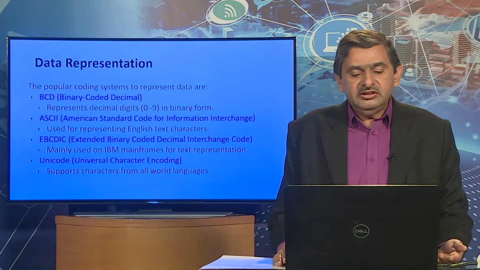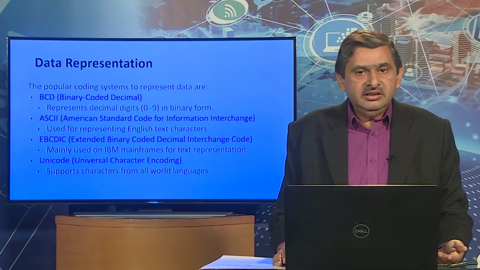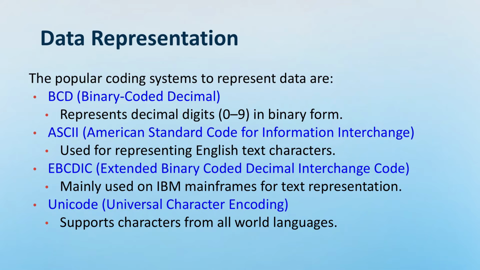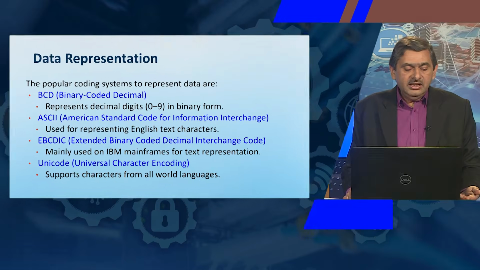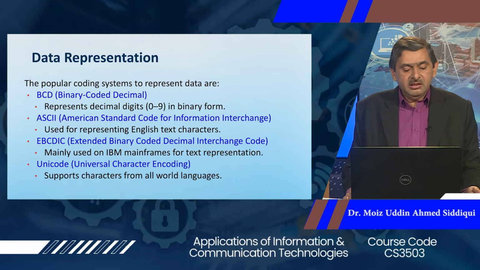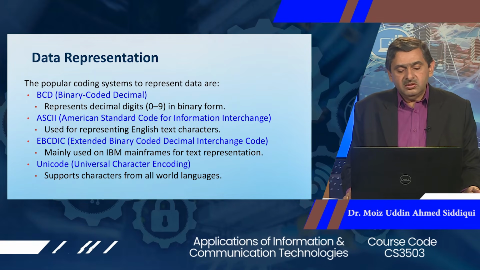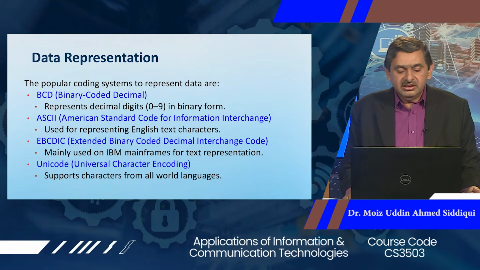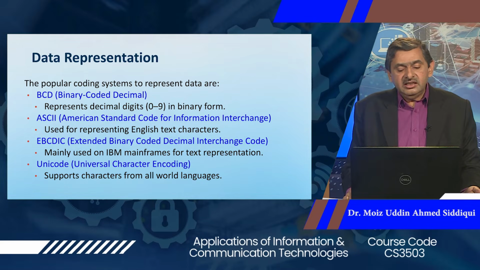The popular coding schemes to represent data are BCD, which is the abbreviation of binary coded decimal. It represents decimal digits 0 to 9 in binary form. Then we have ASCII, which is the American Standard Code for Information Interchange, and it is used for representing English text characters.